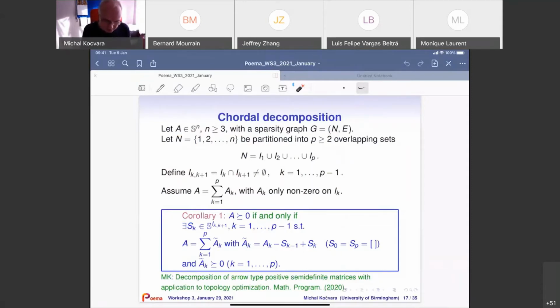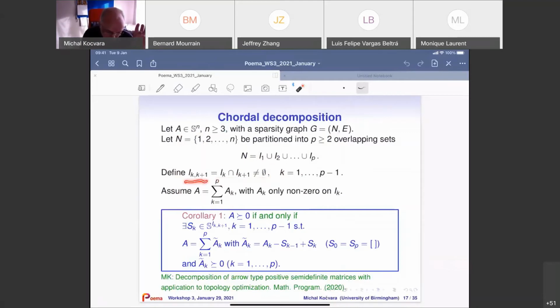So let's call it set capital N. And now, of course, we can partition the set into overlapping subsets I1 to IP. In the original decomposition, these would correspond to the maximal cliques, but let's forget for the moment the maximal cliques.